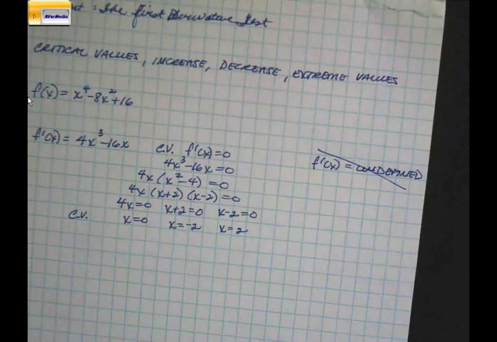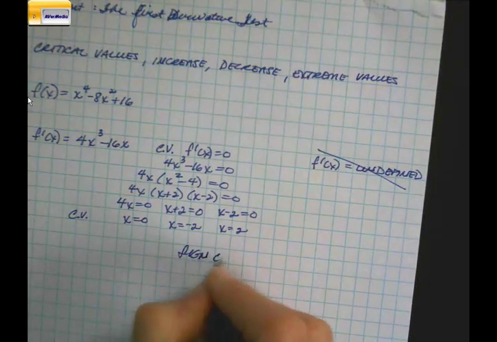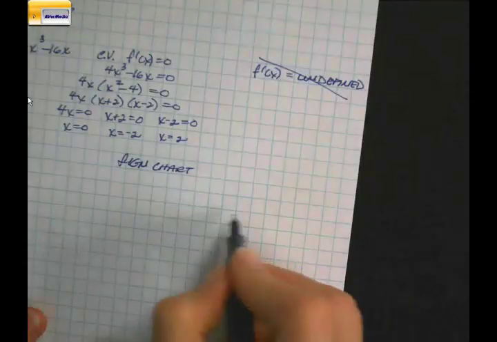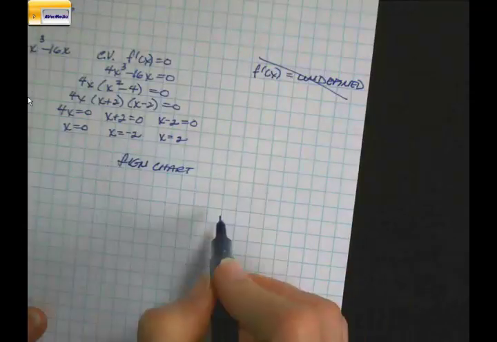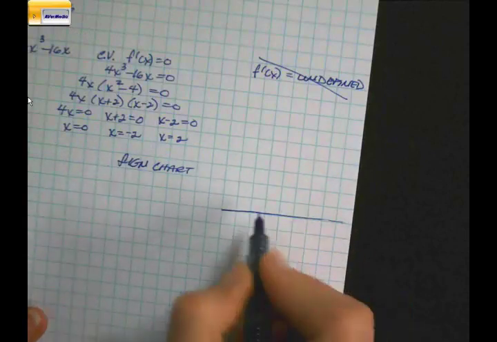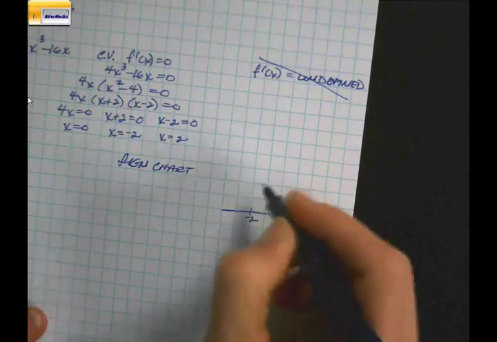So to determine if these are local maxes or local mins, we go to a sign chart, where again a sign chart is SIGN chart. The sign, meaning is it positive or is it negative? You're looking for plus signs and minus signs. So when I go to a sign chart, I need to get these 3 critical values on my sign chart. These 3 critical values are a negative 2, a 0, and a 2.